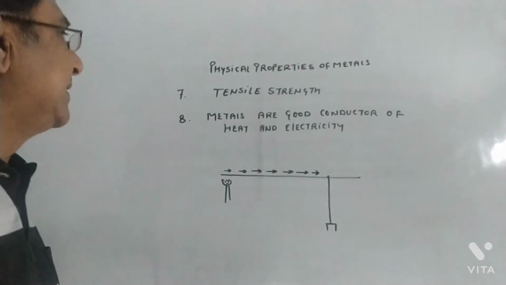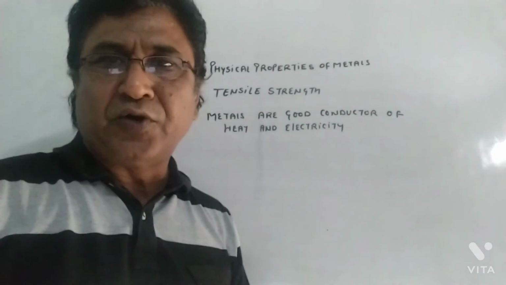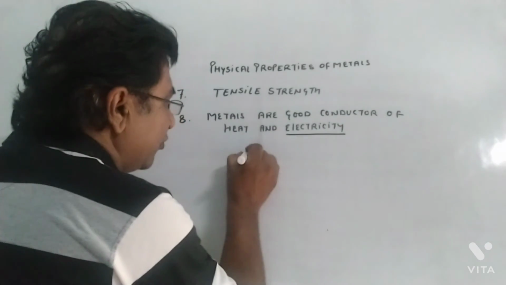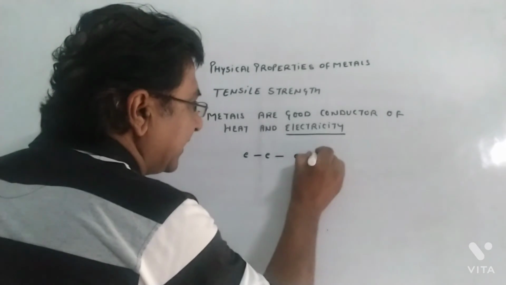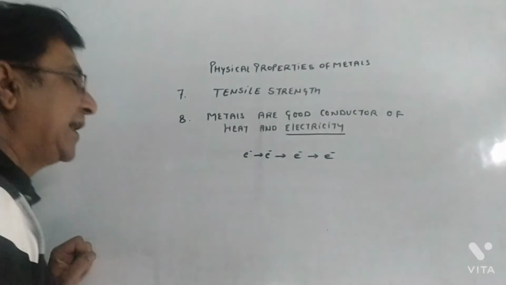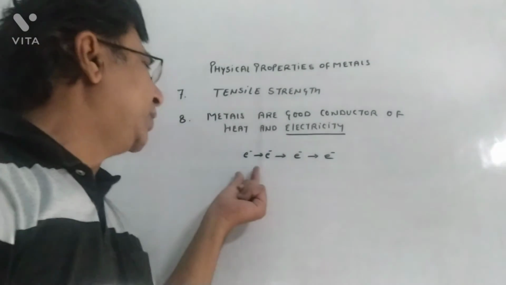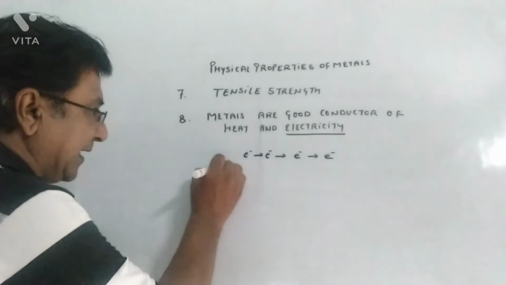The same applies when we say metals are good conductors of electricity. Electricity means movement of electrons. We know that the movement of electrons or any charged particle is called electricity. We already discussed it in the electricity lesson. Now, where are the electrons? Metals have free electrons.